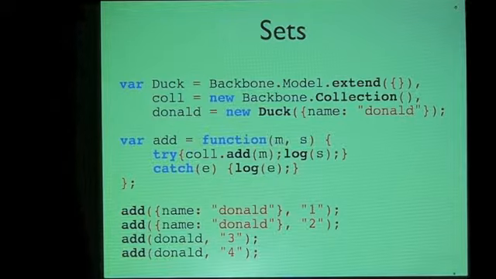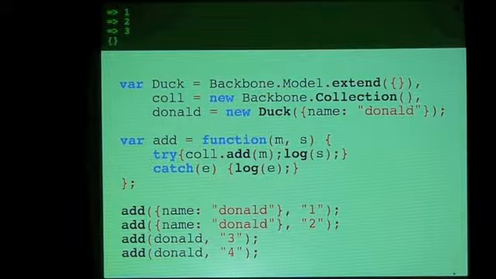Then I'm going to try to add another duck named Donald and see if it'll let me do that. Then I'm going to add this Donald instance, and then try to add this Donald instance again, and see if any of this fails.